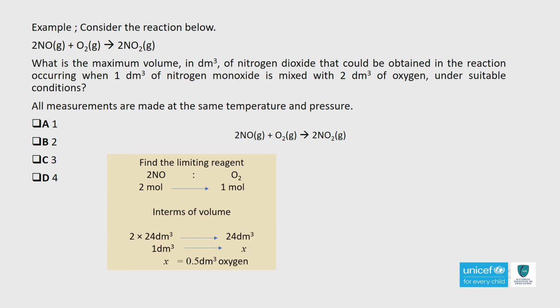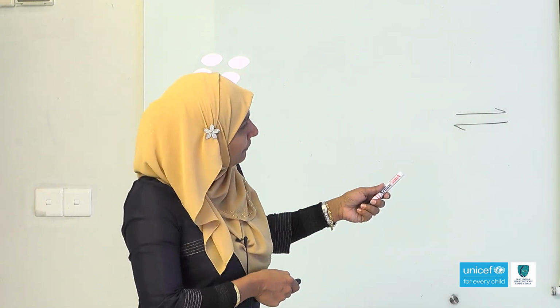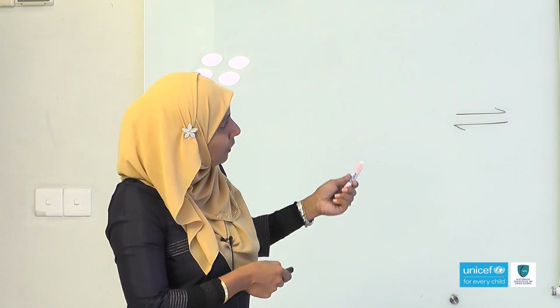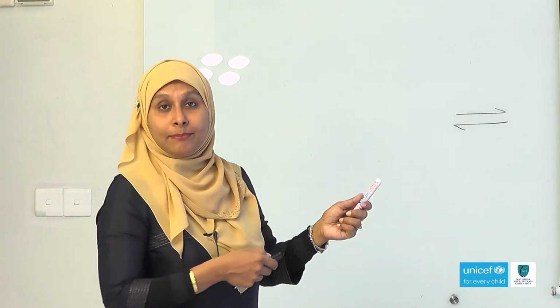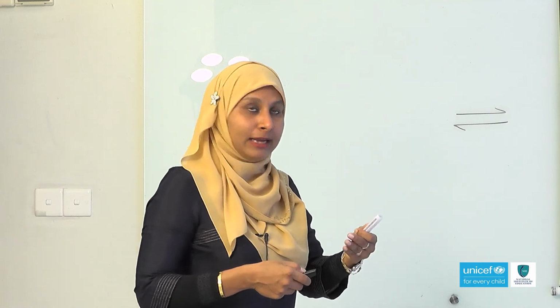So 1 dm cube will need X. If you look at it, we are getting 0.5 dm cubes of oxygen, right? And 0.5 dm cubes is how much we require, but we have 2 dm cube of oxygen in the question. So what does that mean? It means the oxygen gas is in excess.